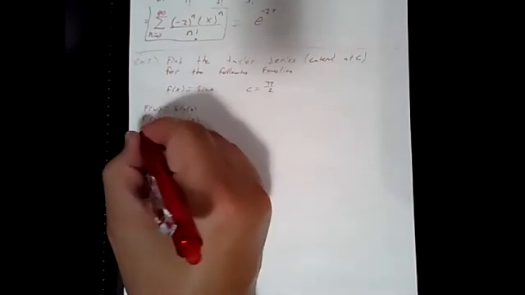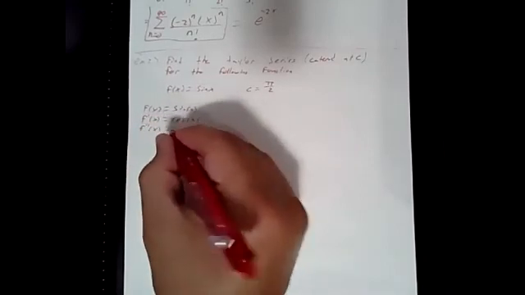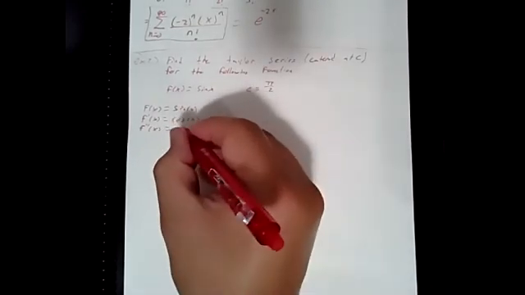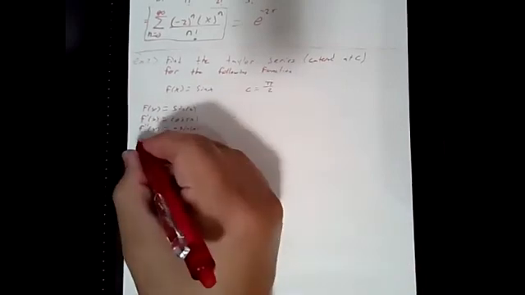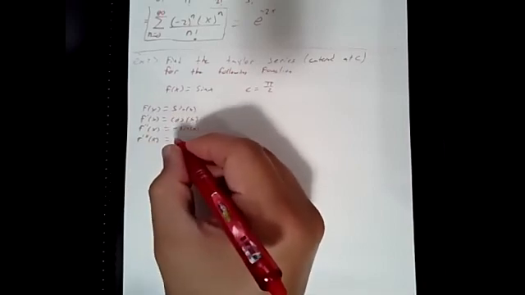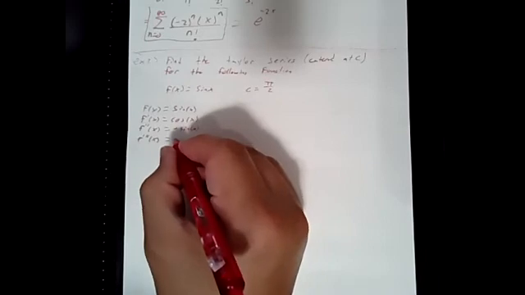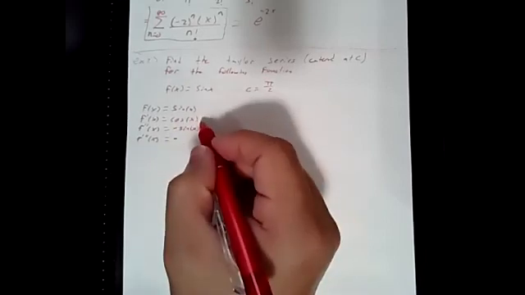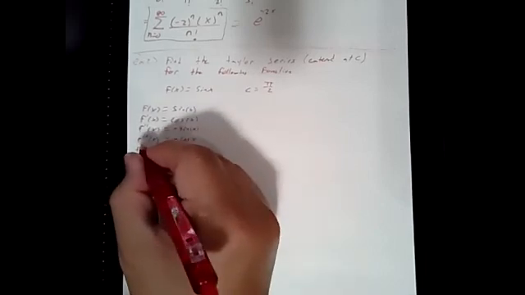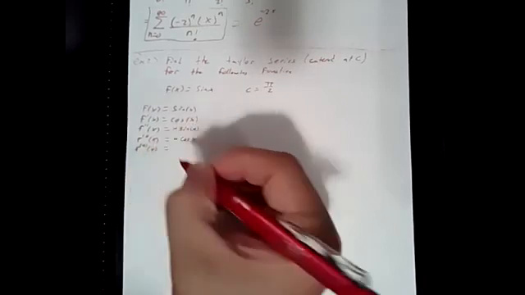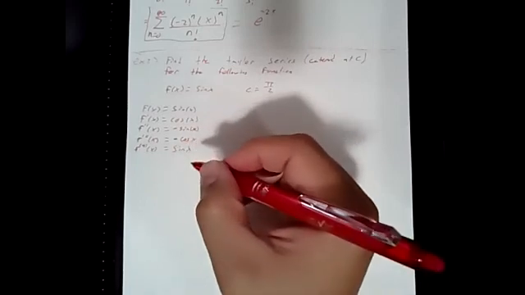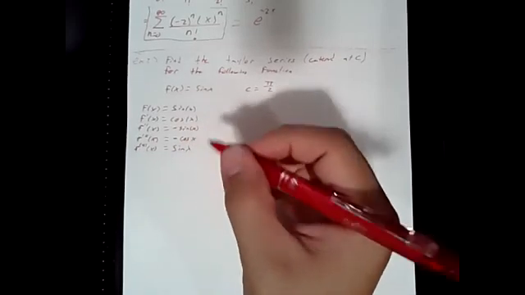What is the second derivative? Negative sine. Third derivative: cosine, should be negative or positive? It's going to be negative, so it doesn't change, but on the next one the sign changes. What is the fourth derivative? That would be positive, we're back to sine. Then it starts to repeat.